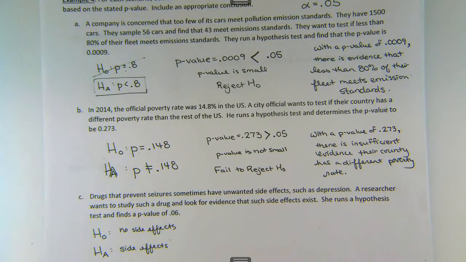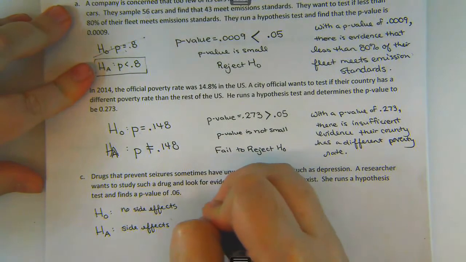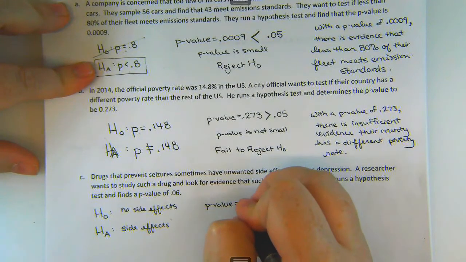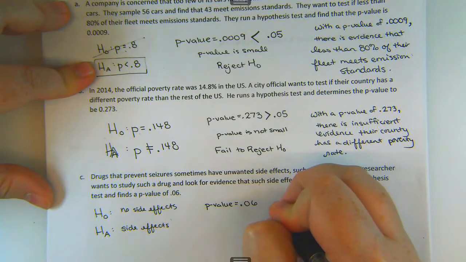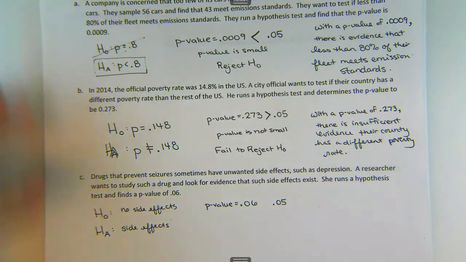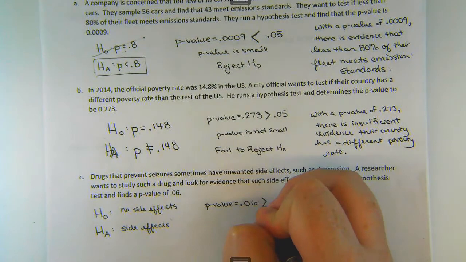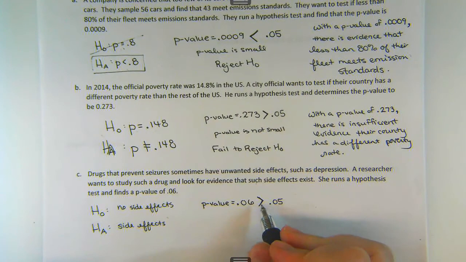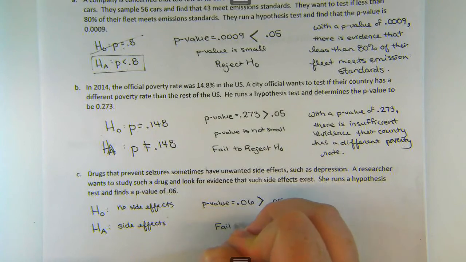So with this, they get a p-value of 0.06. And we want to compare this to our significance level of 0.05 and figure out, is this small or large? And that's going to be bigger. So because our p-value is large, we fail to reject the null hypothesis.